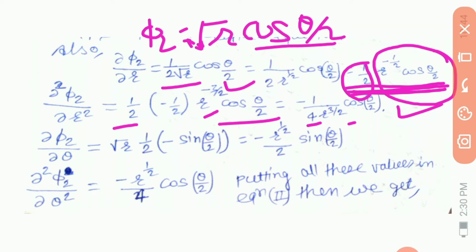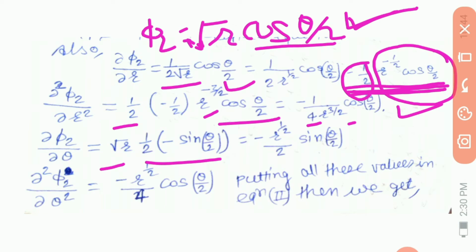So what do you get? ∂φ2/∂θ. Now we differentiate this φ2 with respect to θ. So what we get? We get root r, 1 by 2, minus sin θ/2.